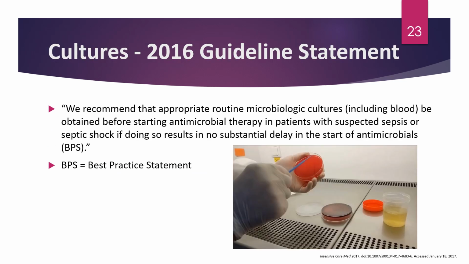Now, the 2016 guidelines say specifically, and I quote, that they recommend that appropriate microbiological cultures, including blood, be obtained before starting antimicrobial therapy in patients with sepsis or septic shock, if doing so results in no substantial delay in the start of antimicrobials. So, for example, if you can't locate the blood culture tubes, or you're having other things happen that prevent you from drawing the blood, if you got to give the antimicrobials, you got to give the antimicrobials.